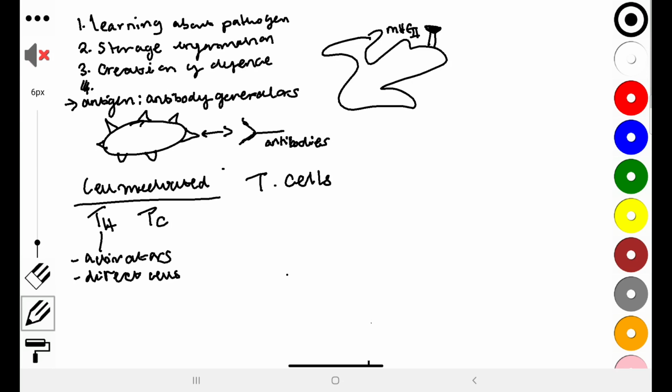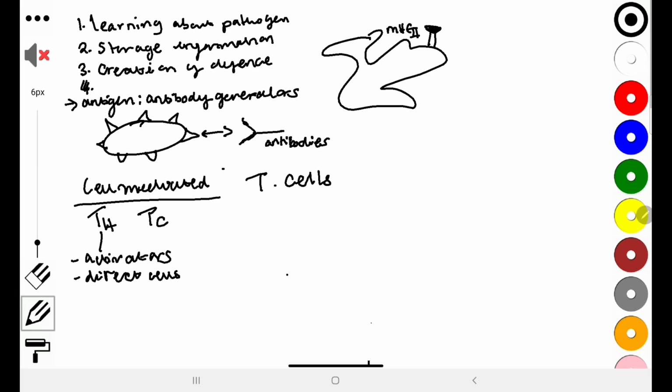In this case, it engulfs a pathogen, and then parts of the bacteria or parts of the pathogen go to the surface of the phagocyte, which is what we have done here. So the phagocyte, after presenting, will be recognized by a T cell.